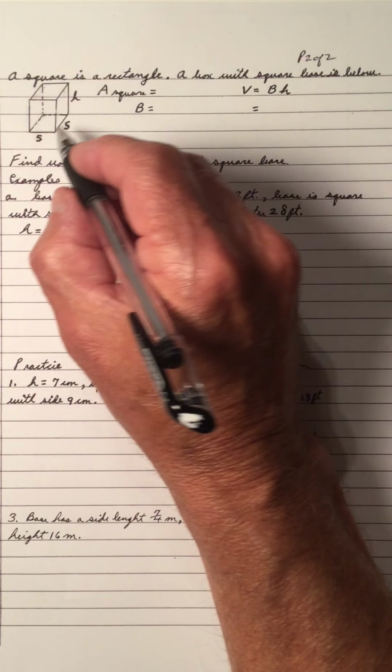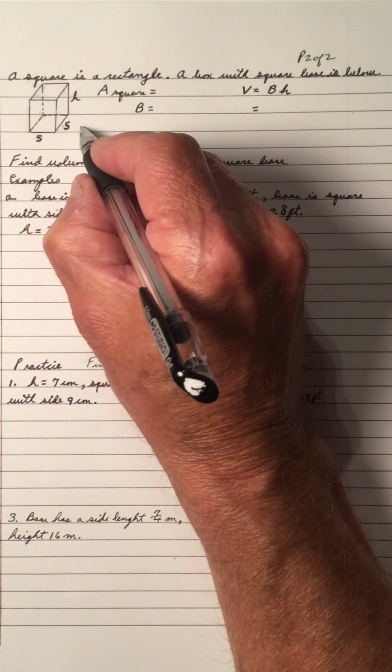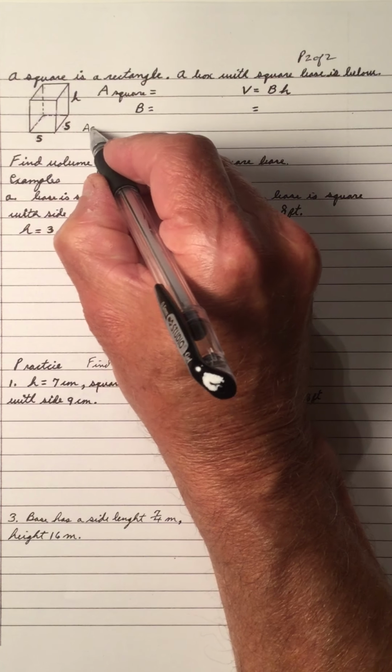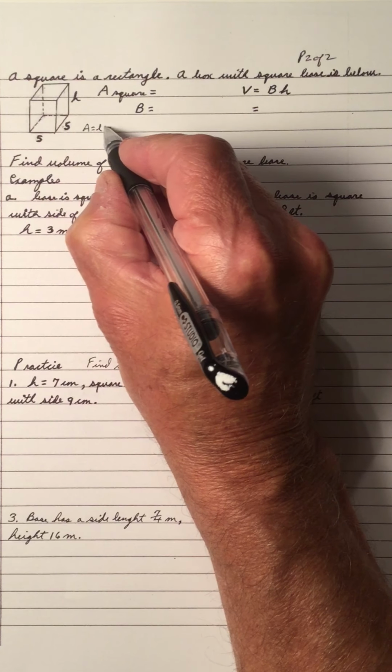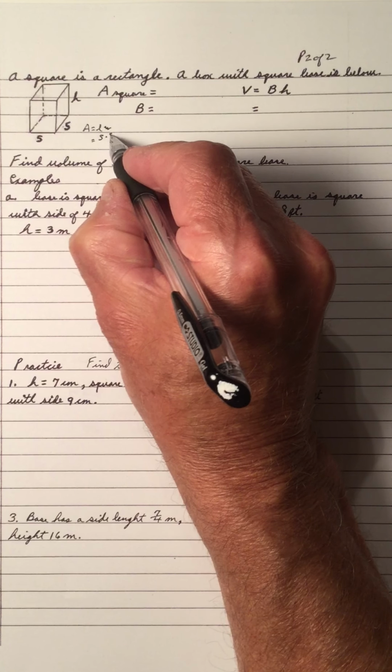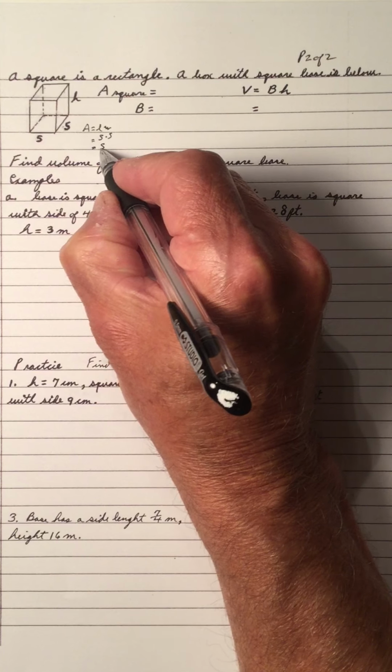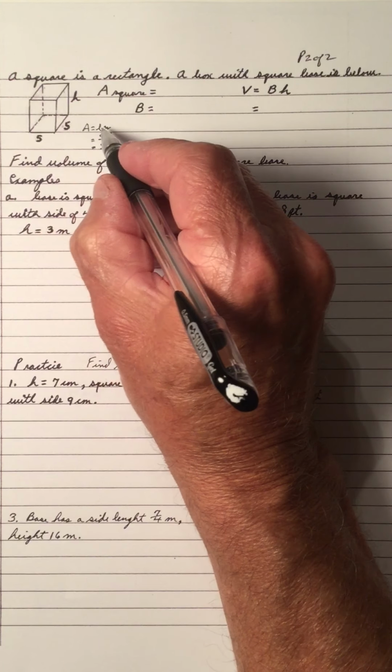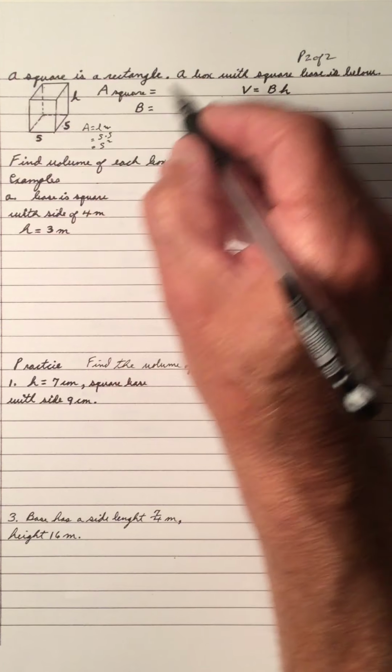That means that the area is a square. We know a square is the same as a rectangle, the only difference is a square has both sides the same, so it's S times S, length times width, S squared.